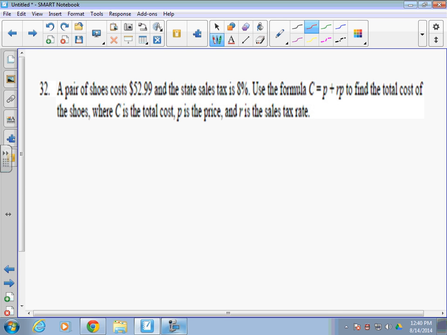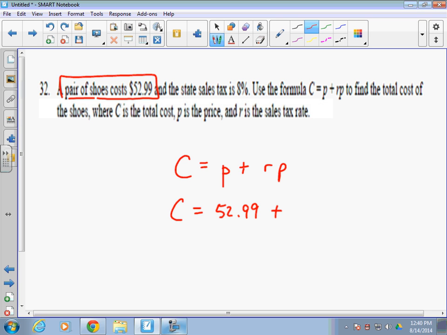Number 32 says a pair of shoes costs $52.99. The state sales tax is 8%. Use the formula cost equals the price plus the rate times the price to find the total cost. Okay, so our cost is what we don't know. The price is $52.99, plus the rate, our rate is 8%.